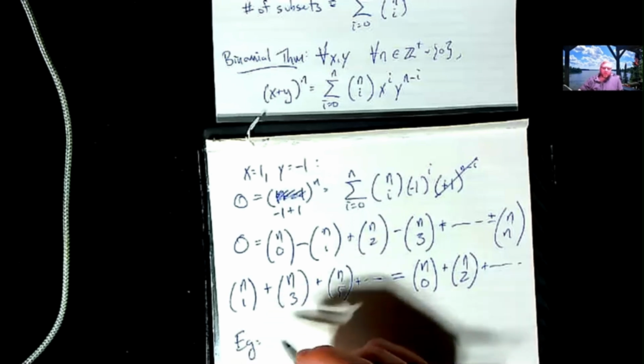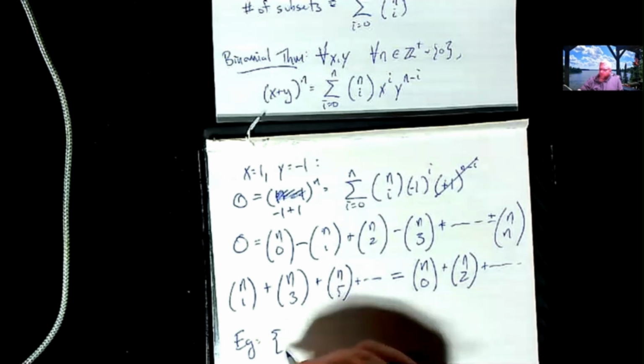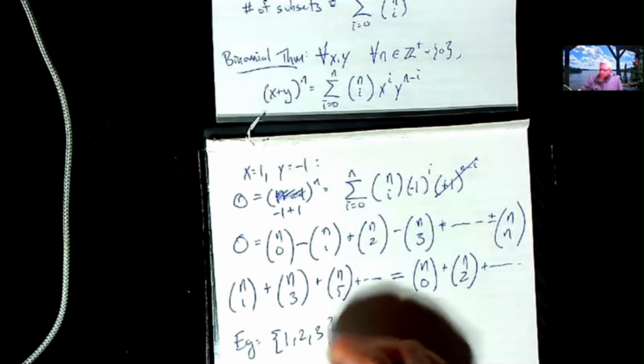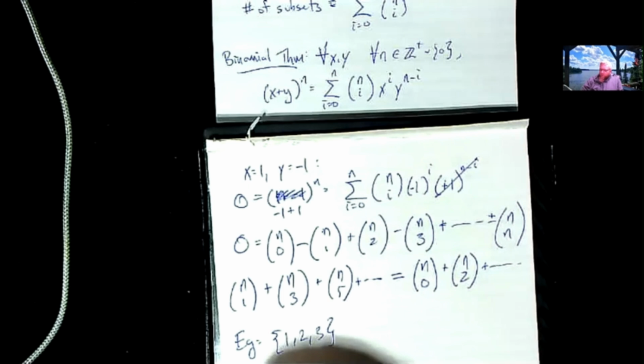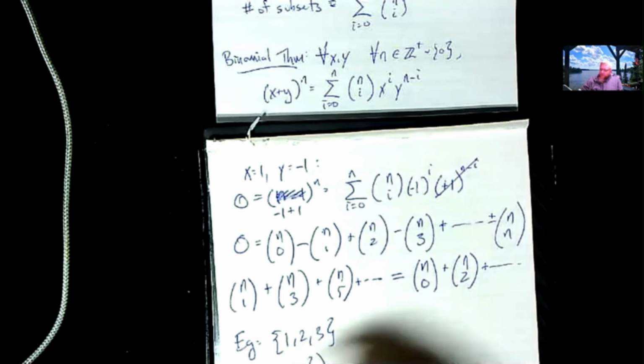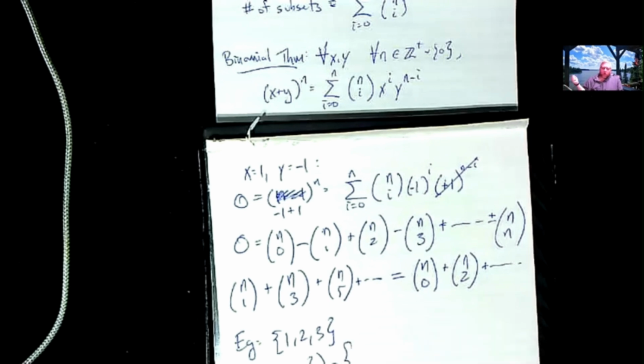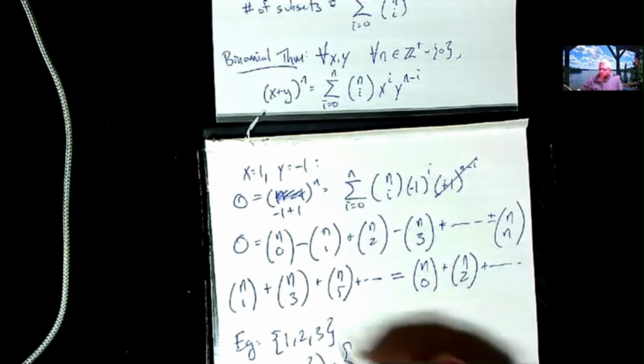And this relates to somebody else. Somebody else was asking about a power set. Let's take the set 1, 2, 3. What is the power set of the set 1, 2, 3? The power set is the set of all subsets. So in this case, 3 is odd, so let's see what happens with that. What are the subsets of 1, 2, 3?